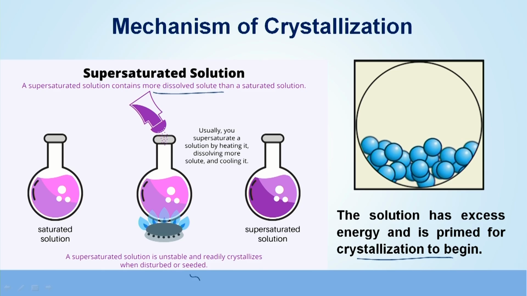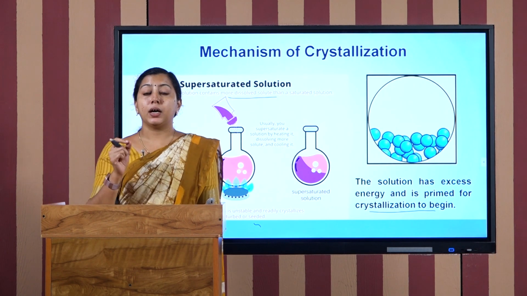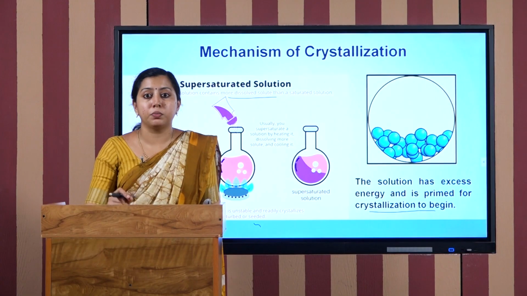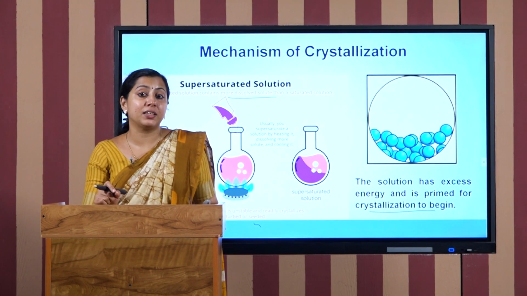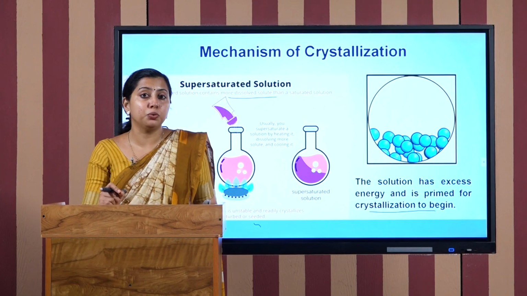So, for crystallization to occur, we need a supersaturated solution that is unstable and can readily crystallize when disturbed. It will have excess energy, and that energy will be utilized for crystallization to begin.